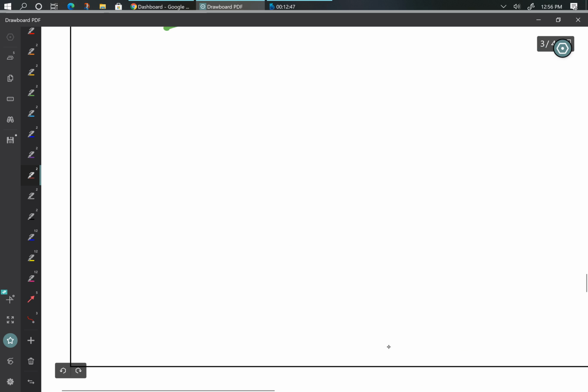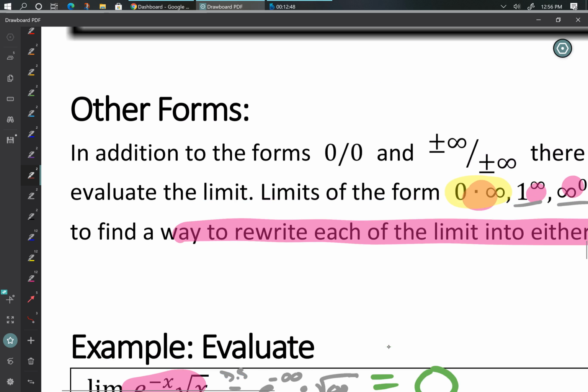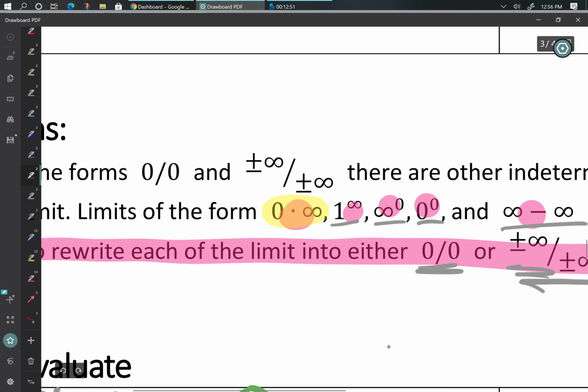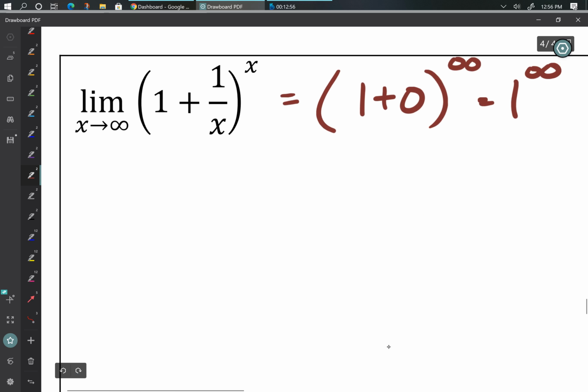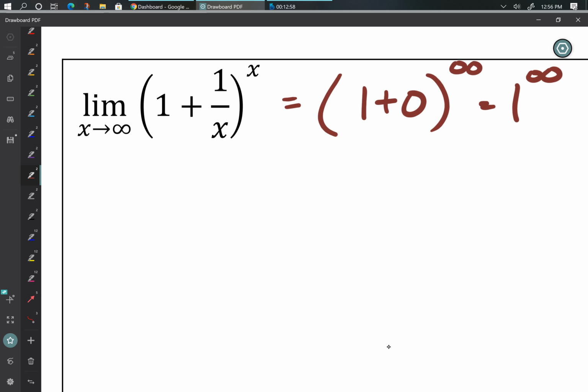So is this one of the ones that I should be able to rewrite? Yeah, it's right there. It's 1 to the infinity. I should be able to find a way to algebraically manipulate this original expression and somehow rewrite this as 0 times 0 or 0 divided by 0 or infinity divided by infinity.